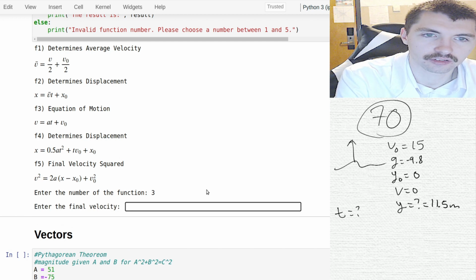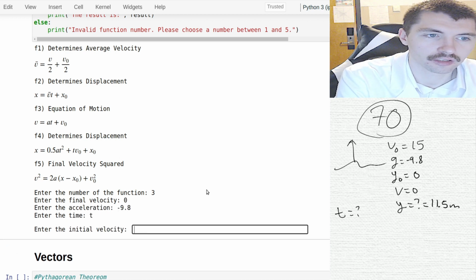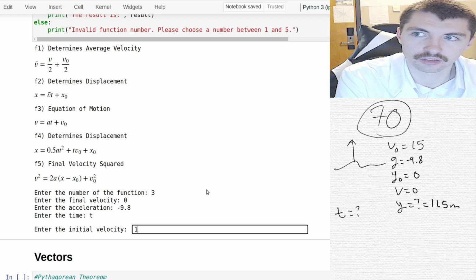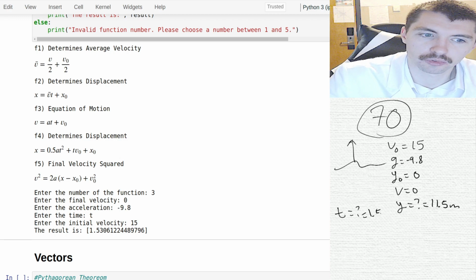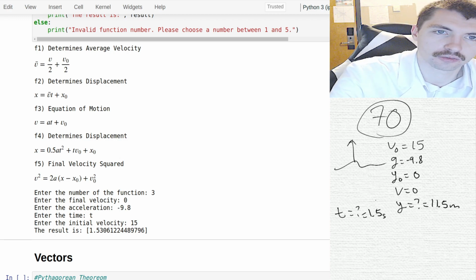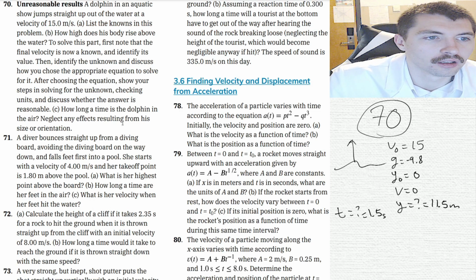V is 0, a is negative 9.8, T, V naught is 0. Initial velocity is 15. So 1.5 seconds seems reasonable. So I would say this is pretty reasonable. I don't have any issues with this.